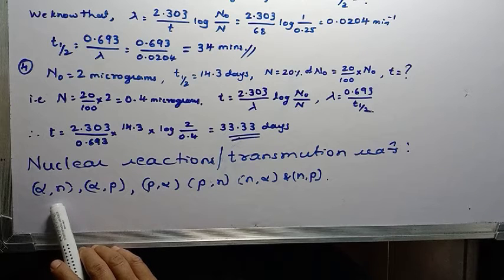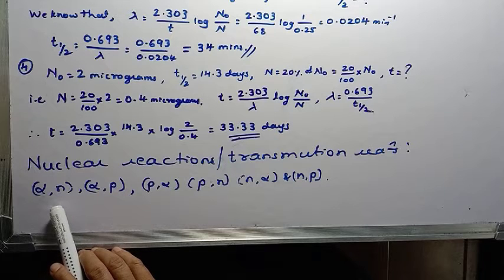So the alpha is a positively charged and heavier particle, and only when it is energized, that means when it is imparted with extra energy, and that can be done in a particle accelerator device.